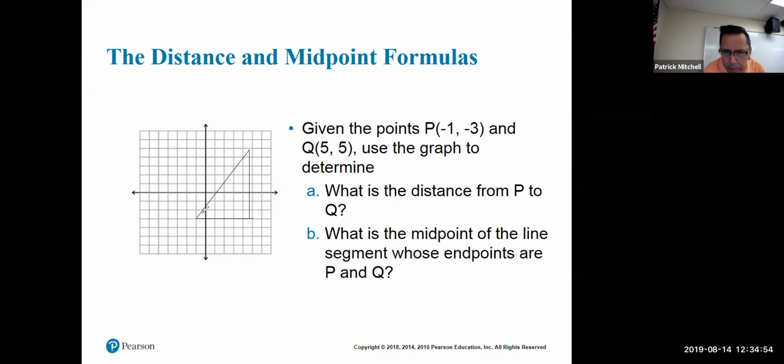I would say halfway between here and here would be, maybe here? And halfway from here to here would be about here. So my guess for the midpoint would be right about there. And it turns out that's exactly what the midpoint formula says.